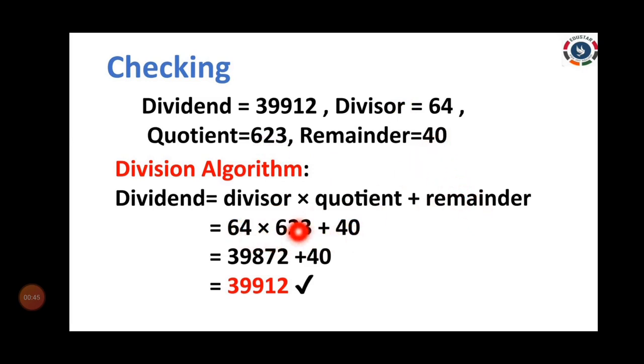Then you multiply the first two values. 64 into 623 is 39,872, plus 40. Then add the two values. Finally we get 39,912. So now you got the dividend value exactly. So both are equal, and your answer is correct.